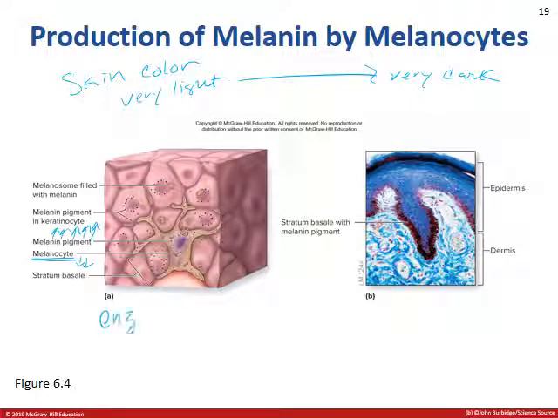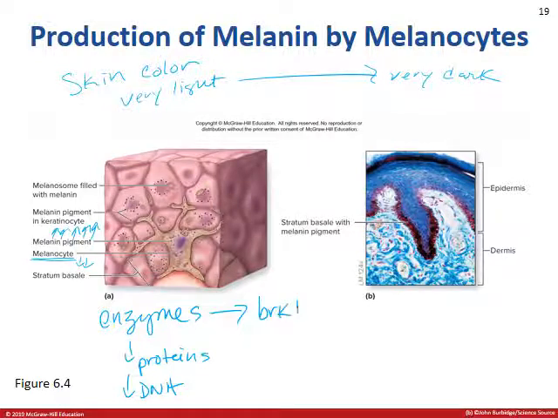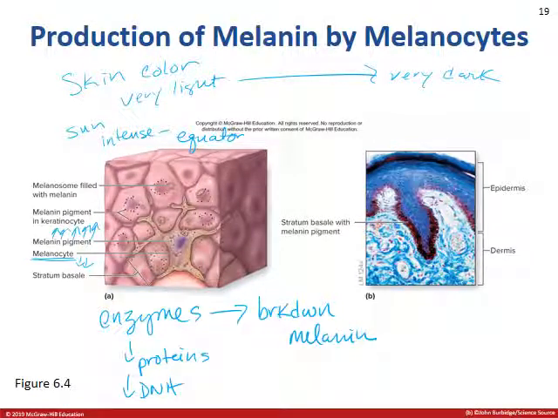There are also enzymes, and remember, enzymes are proteins with jobs, and these proteins are coded from DNA. You can have enzymes that break down melanin at different rates. So say you were in a sun-intense environment, let's say near the equator.